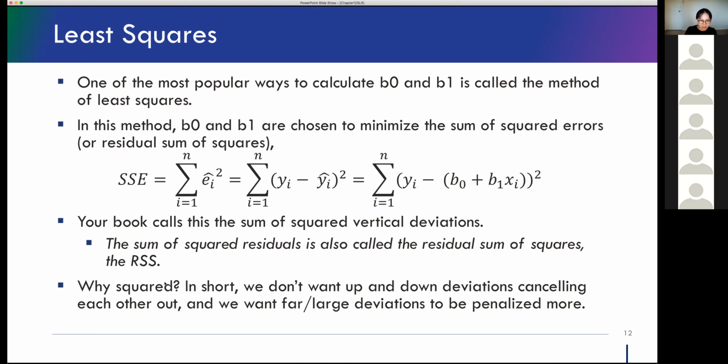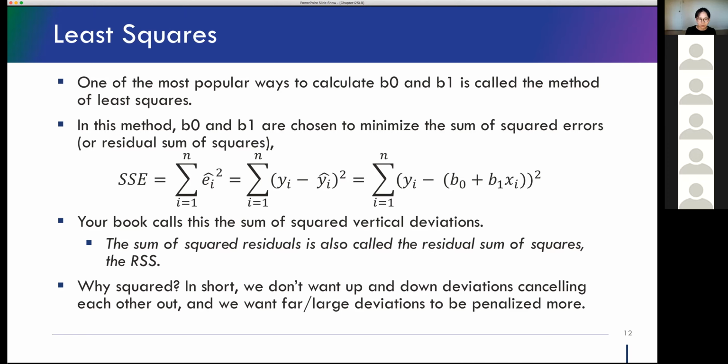So you might ask, why square it? Actually, we do not want the up and down deviations canceling each other out. Like ei hat can be negative or positive, but if we just sum them up together, some of them will cancel.